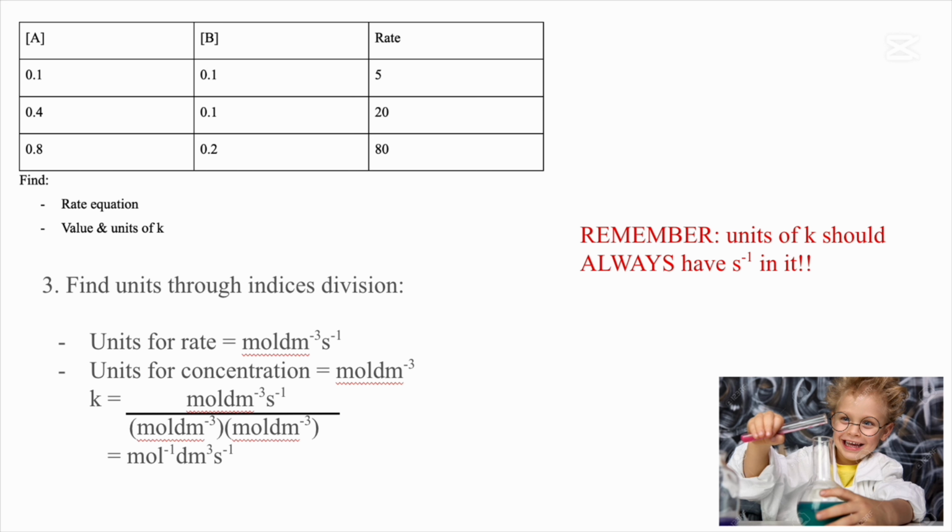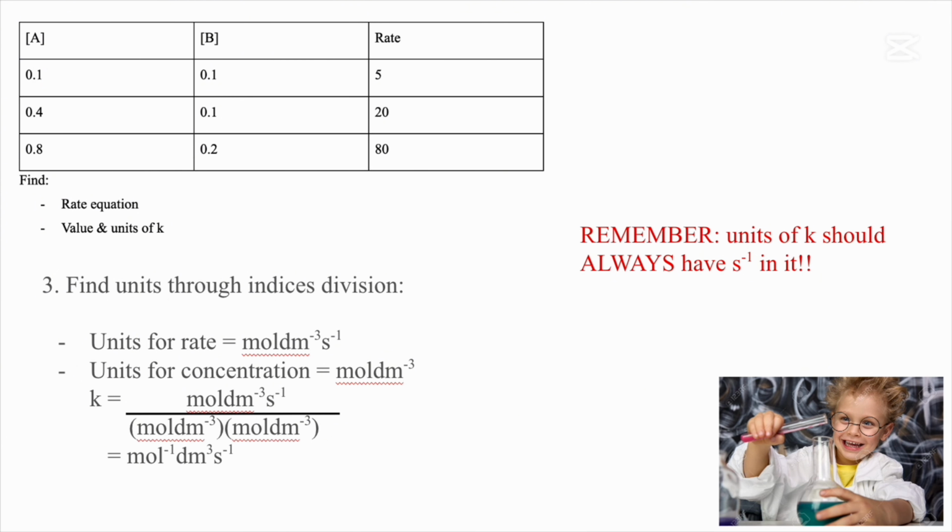We're also asked to find the units of k. And we do that through indices division. As we know, the units for rate is moles per dm cubed per second. And the units for concentration is moles per dm cubed. Therefore, we substitute everything in. We know that k is equal to the rate divided by the concentration of A to the power of 1 divided by the concentration of B to the power of 1.